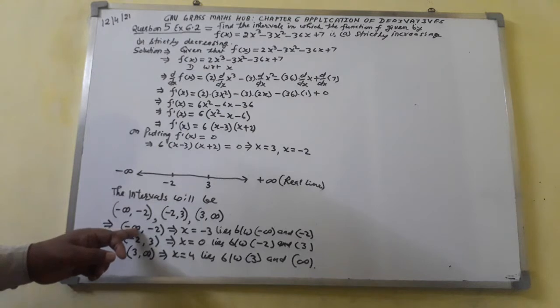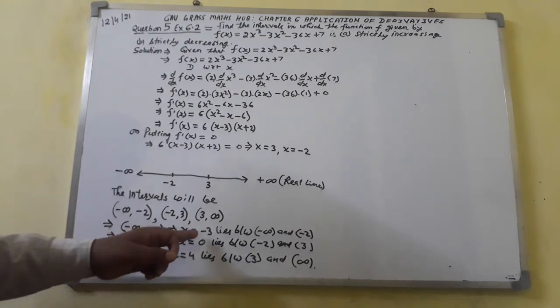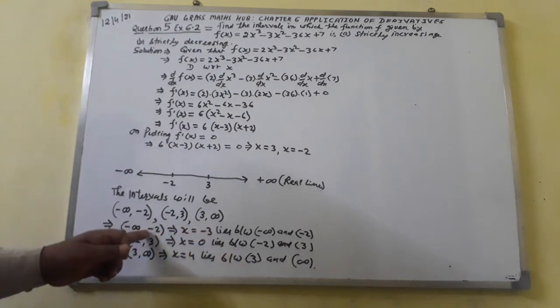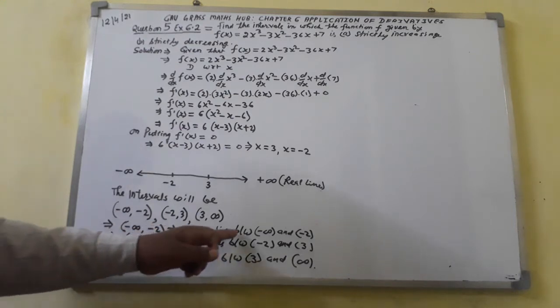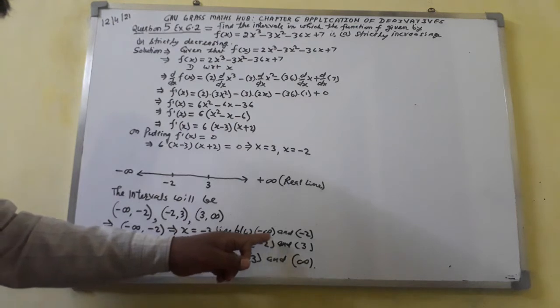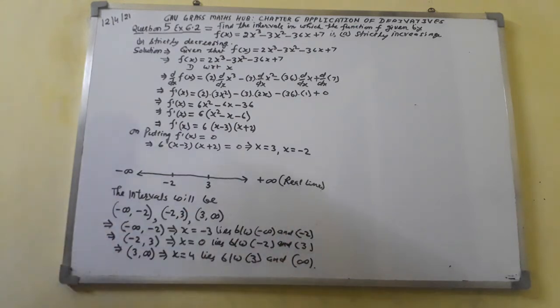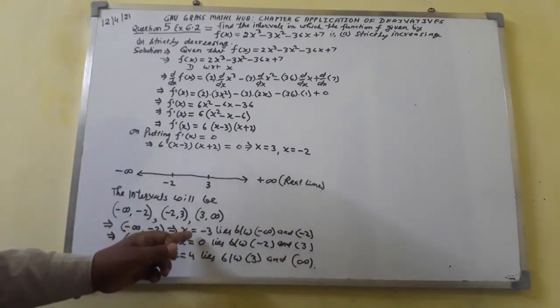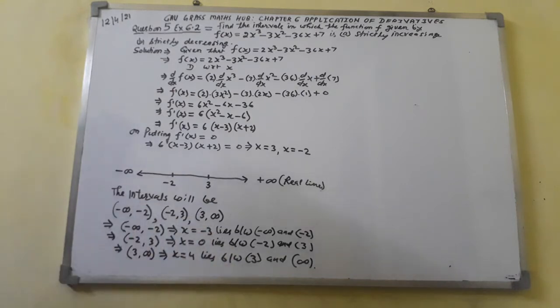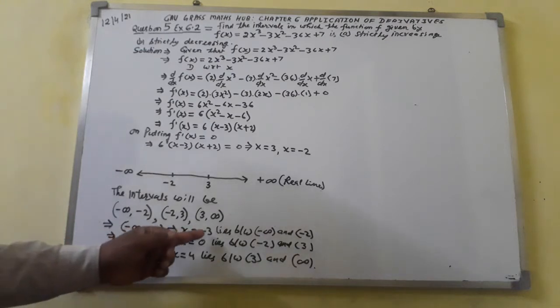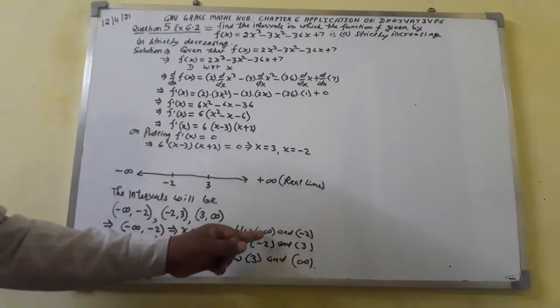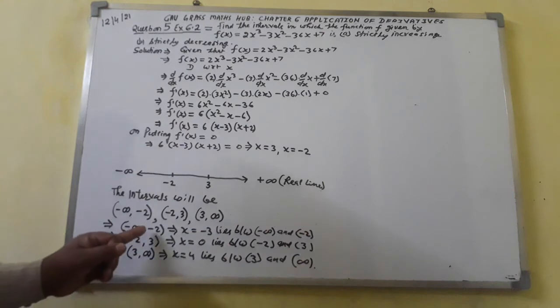Open interval minus infinite comma minus 2 open interval. In the first interval I shall take an x in between, let x equal to minus 3. The x equal to minus 3 will lie between minus infinite and minus 2. It is a true fact that x equal to minus 3 will lie between minus infinite and minus 2.